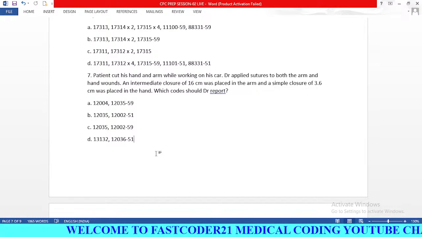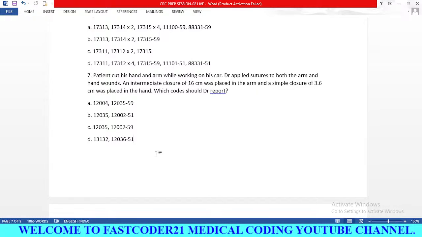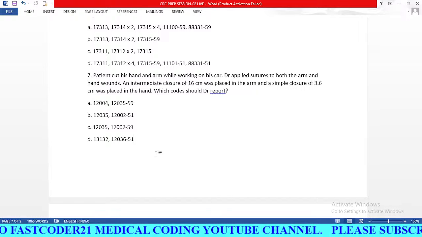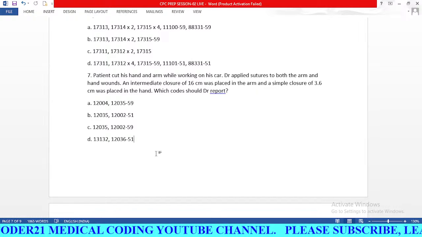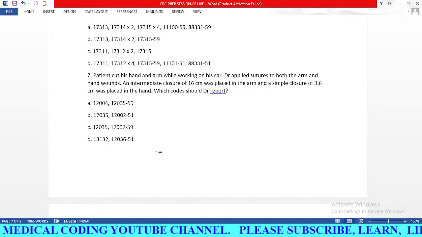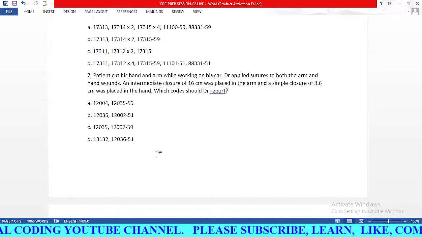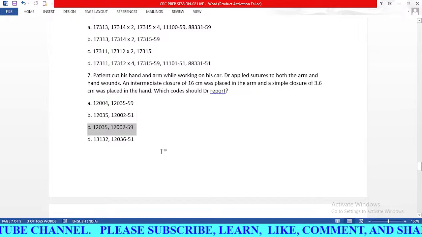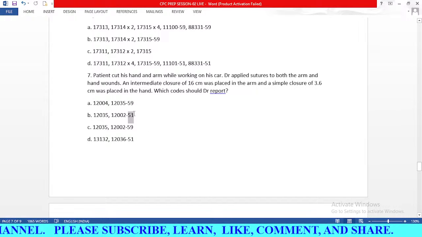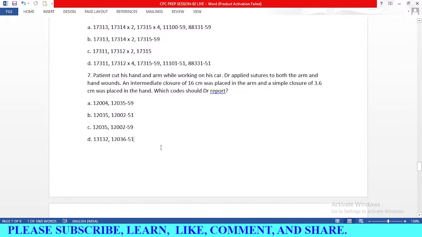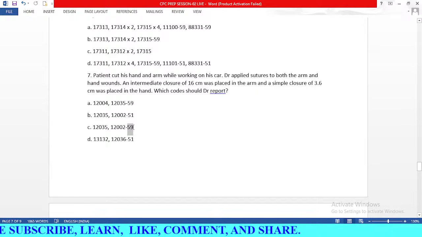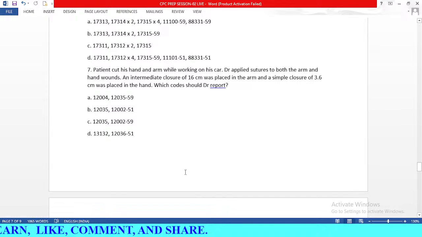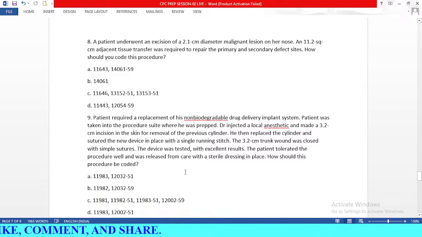For that wound we need to use the 51 modifier, because there is no distinction between the sites in wound repair with closure. Vinaya, I think you got this answer now: 12035, 12002-59. 51 is for same location, multiple procedures. 59 is for different locations, as we have arm and hand.